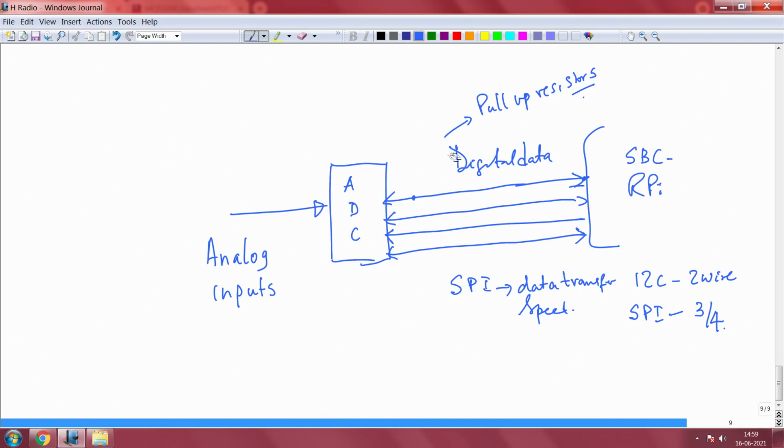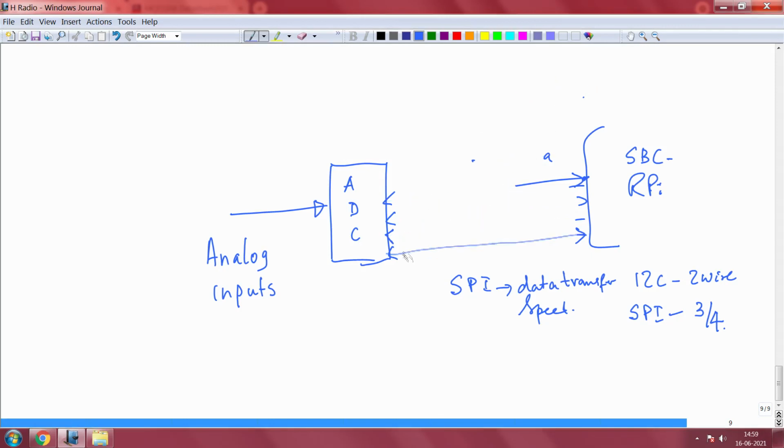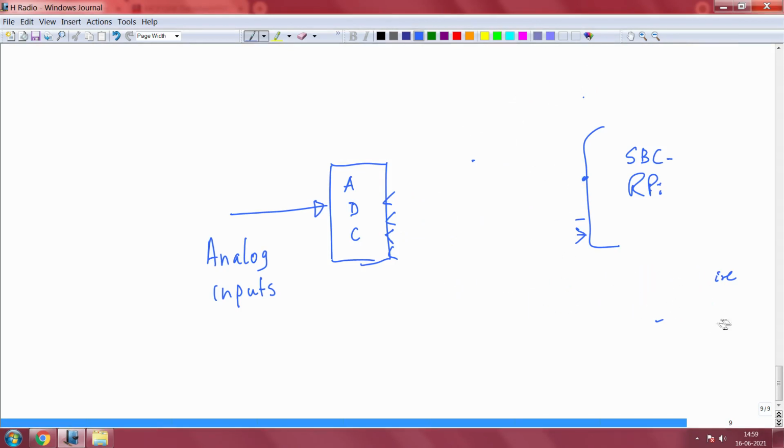Now, that was not our objective. Our objective was to connect an analog ADC chip to a single board computer such as a Raspberry Pi. We drew this picture, and let us redraw it again by removing all the clutter that we had, and just look at some plain stuff.